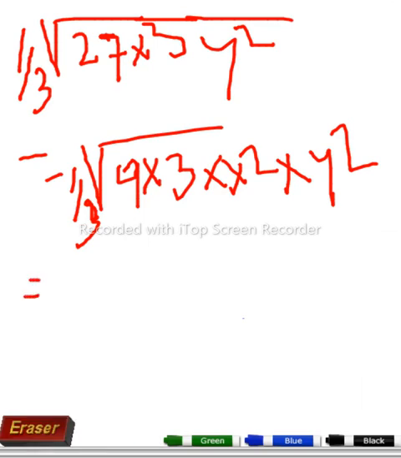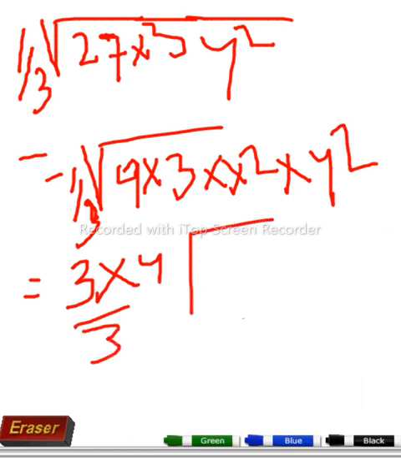We take 3 out of the root, because 9 means 3 to the power of 2, so 2 cancelled by 2, and we have 3. x squared gives x, and y squared gives y. Here we have 1 over 3, and the 3 not coming out of the root is 3x, so 3 cancelled by 3.